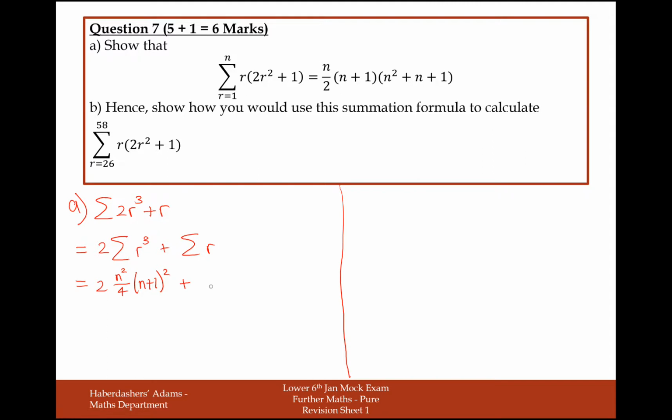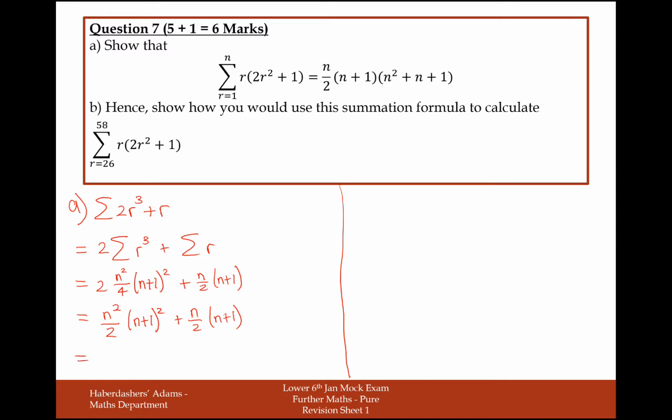And then the formula for the summation of r is n over 2 bracket n plus 1. Let's just simplify up these fractions. So 2 over 4 will just leave me with a fraction of 2 on the bottom. And the second part of this term is already simplified.